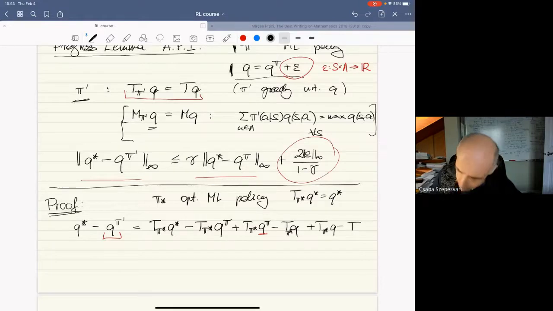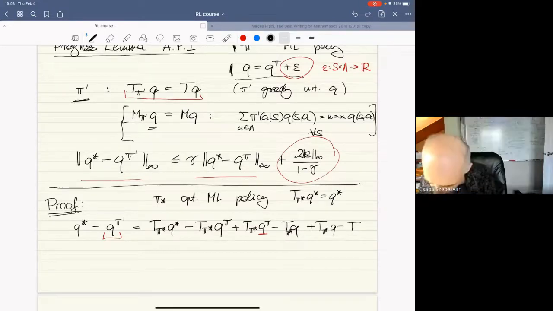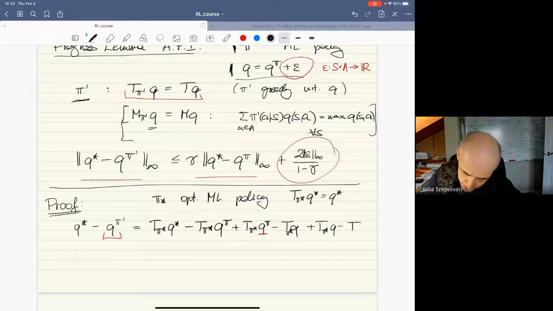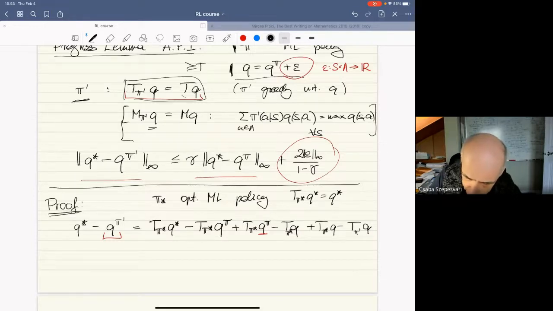And that's really good because if you bring in q, then you can switch to pi prime, because pi prime is greedy with respect to q. So that means that this holds, but T is the biggest operator that you could get. For any other policy, especially for pi star, you get something smaller than or equal to T applied to q.